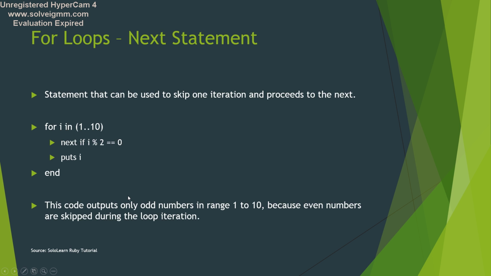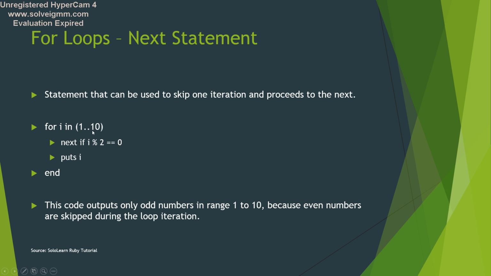The next statement can be used to skip one iteration and proceed to the next, just like this code. For i in range 1 to 10, if i modulo 2 is equal to 0, skip.